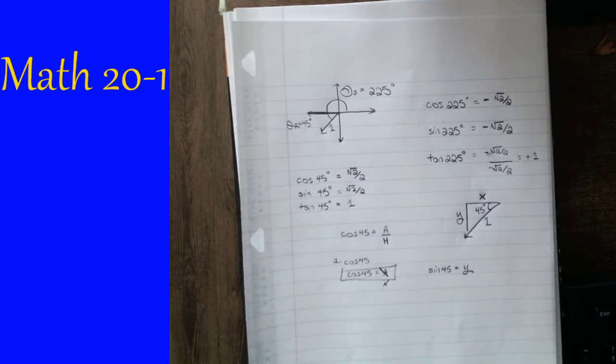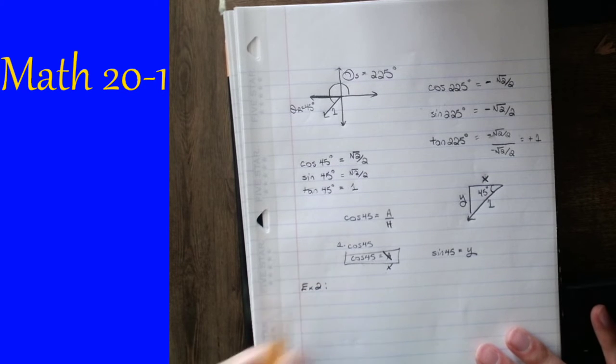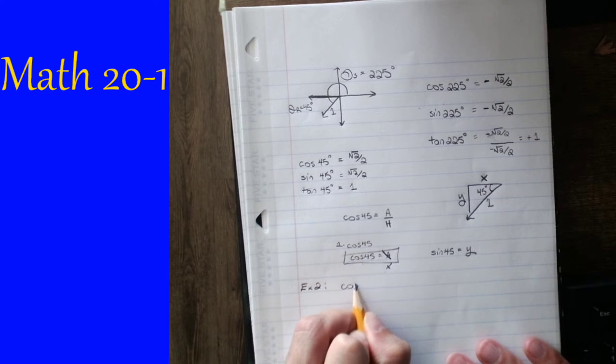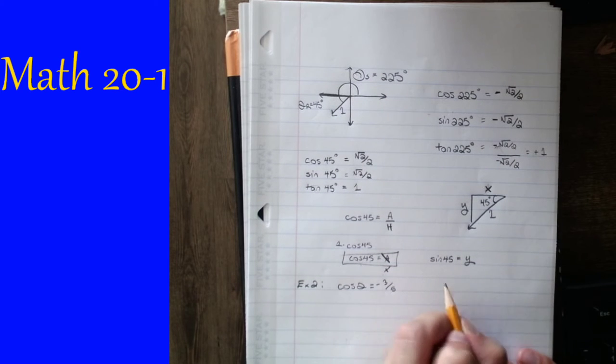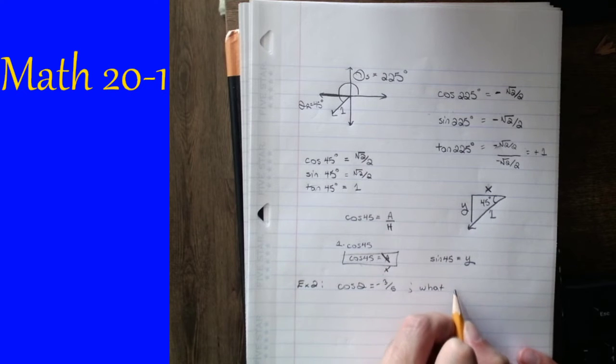So for example, question 2. If our cosine of the angle is negative 3 over 5, what is the sine of the angle?